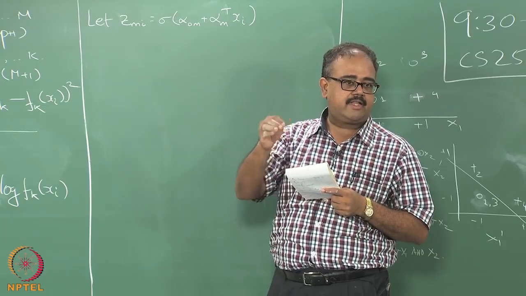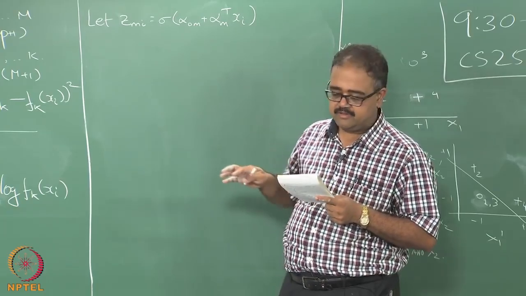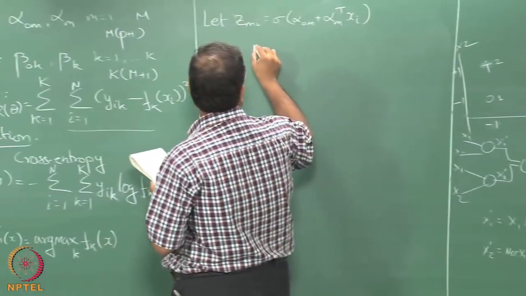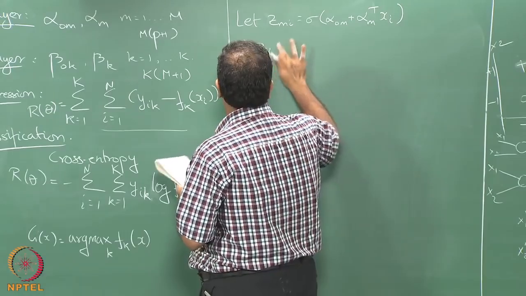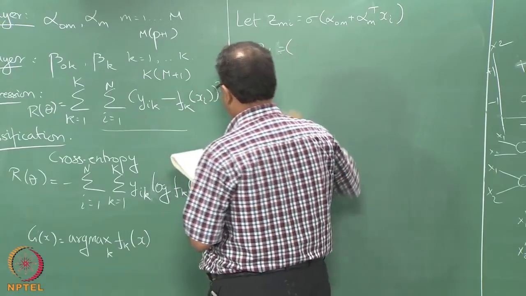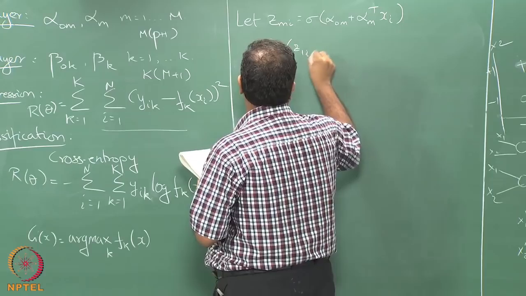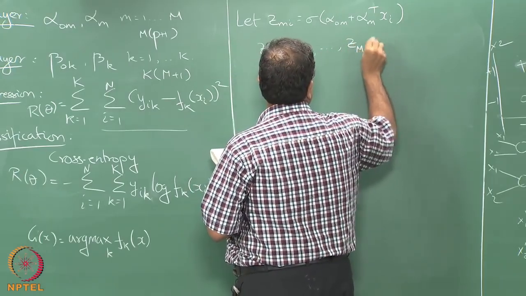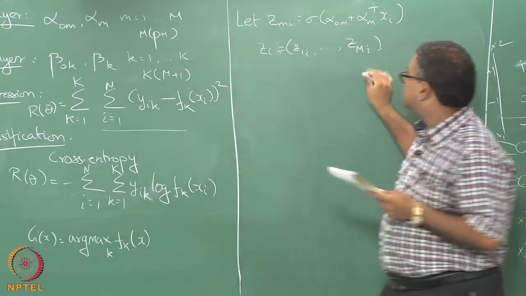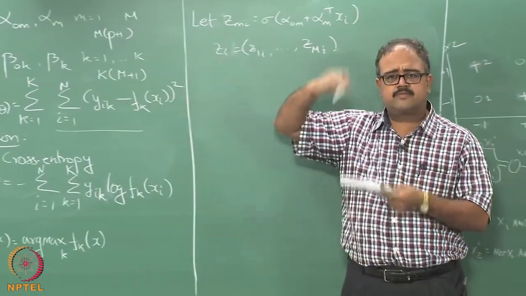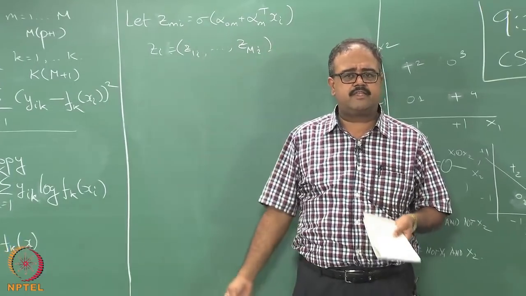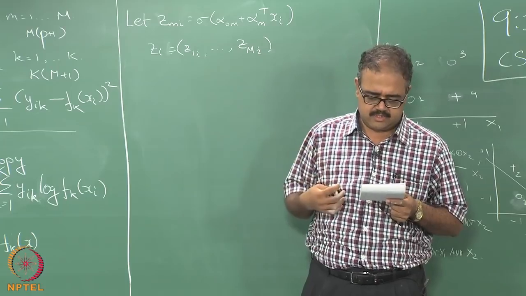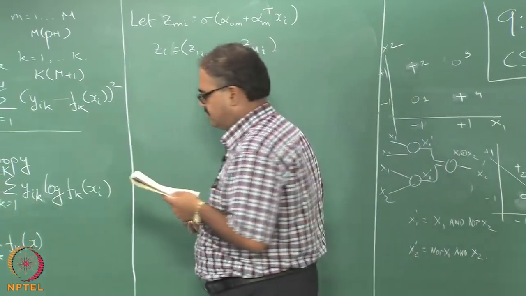So it is the ith input in my training data of n elements. And I am going to say that z_i corresponds to the entire activation of the hidden layer for the ith input. Fine so far.